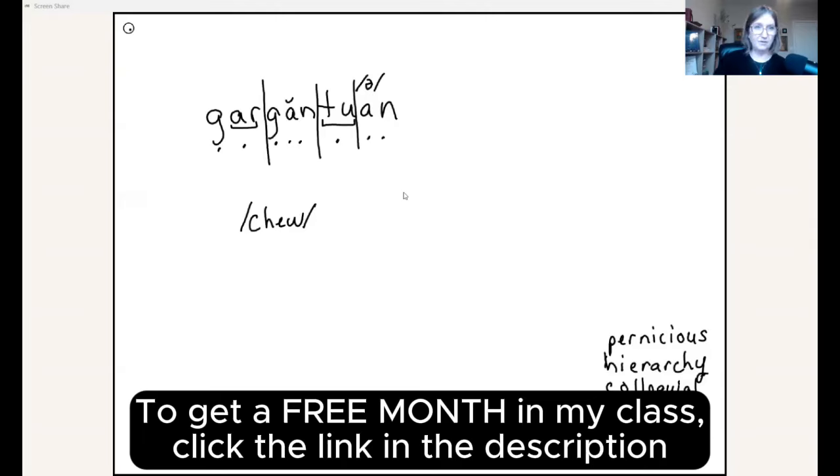All right, so here we have this syllable is g-r, gar. This syllable is g-a-n, gan, gargan. And actually I can see that it's a 4-syllable word, so that third syllable from the end is going to be accented. That's going to be said stronger. Gargan. Here we have chew, gargantu. And here we have un, gargantuan.